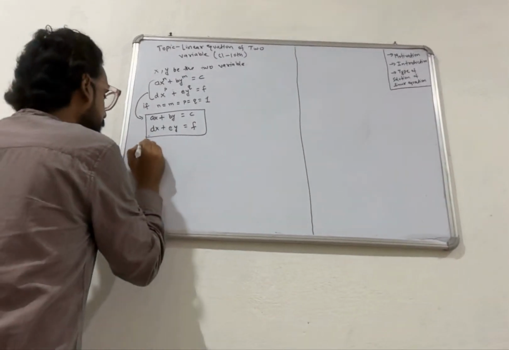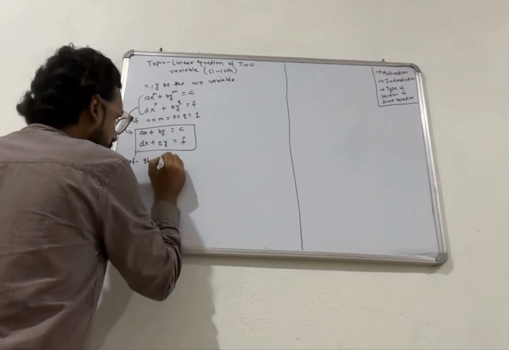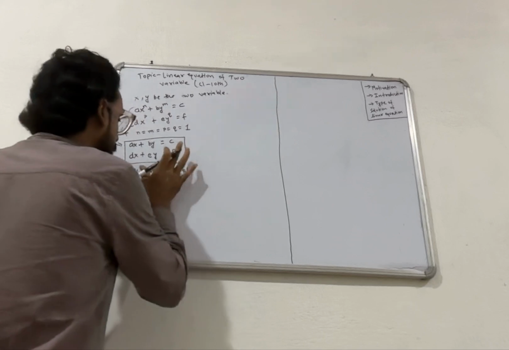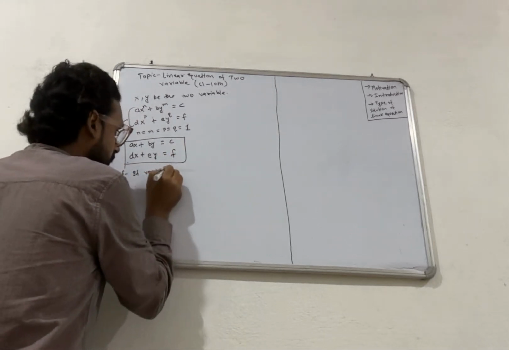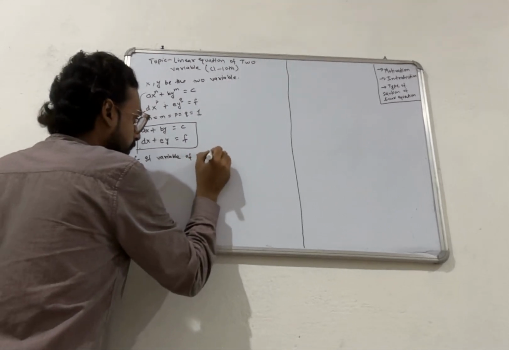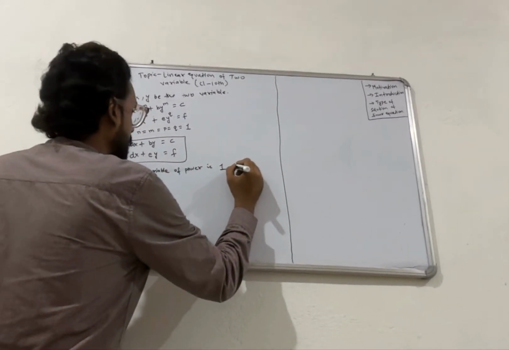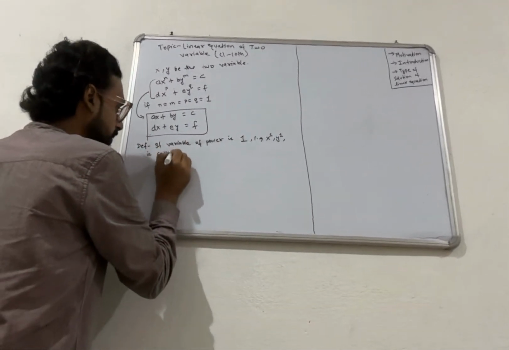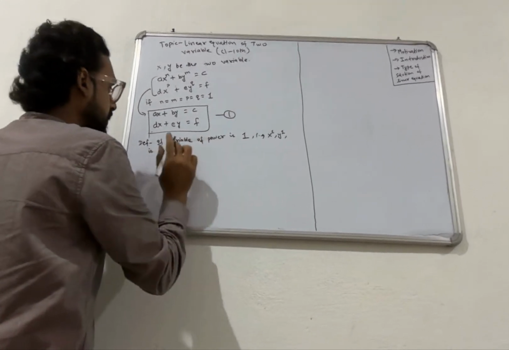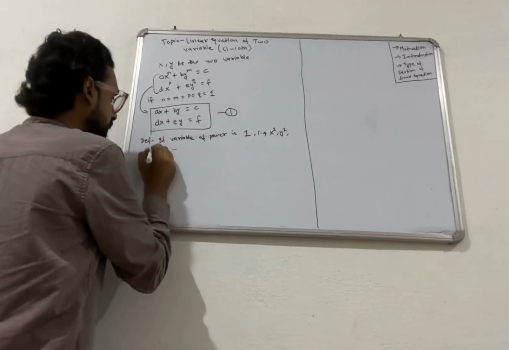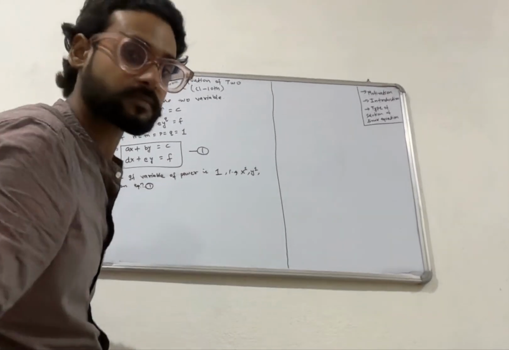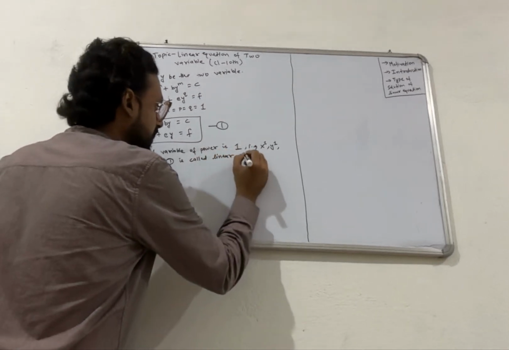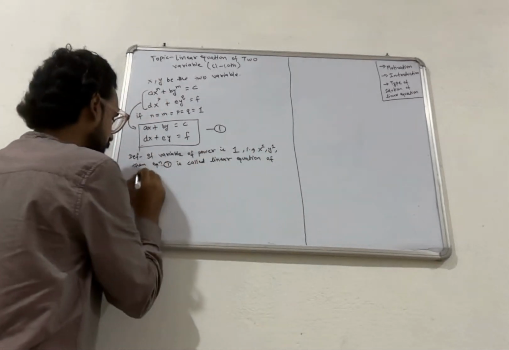Okay, so the definition: if the power of the variable, that is x to the power 1 and y to the power 1, then equation 1 is called a linear equation of two variable.